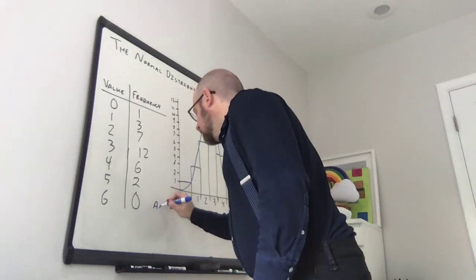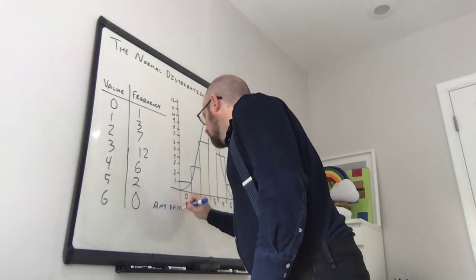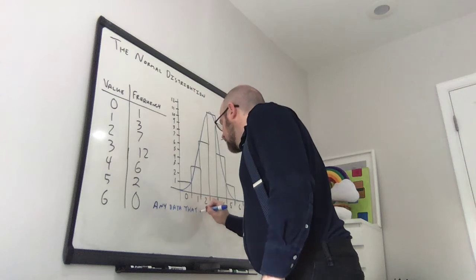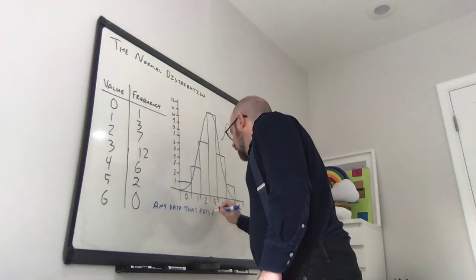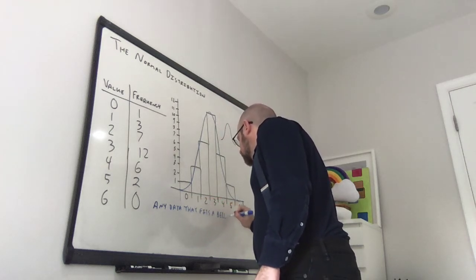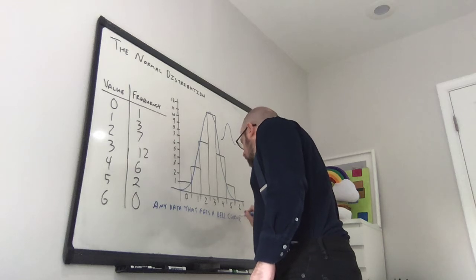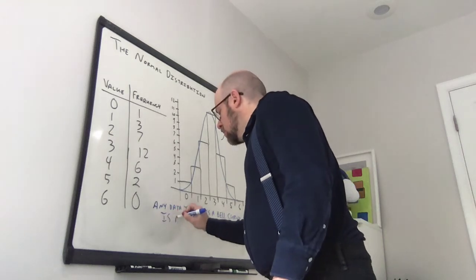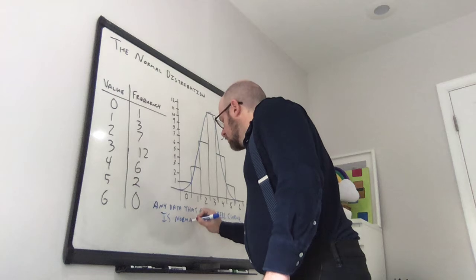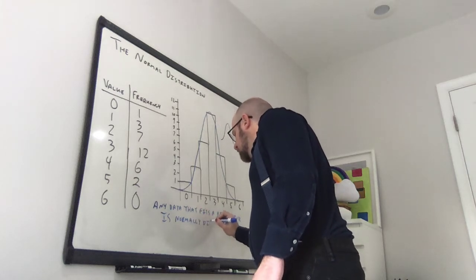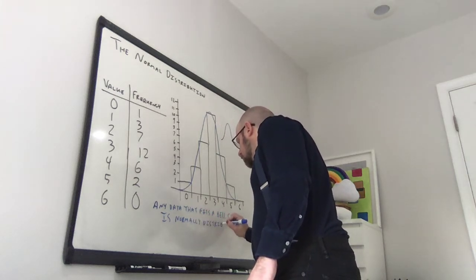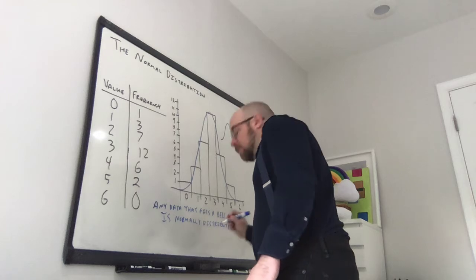So any data that fits a bell curve is normally distributed. Okay?